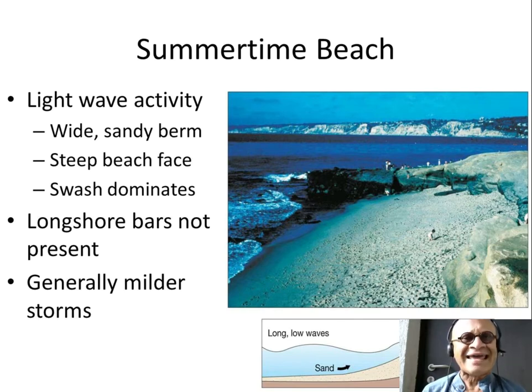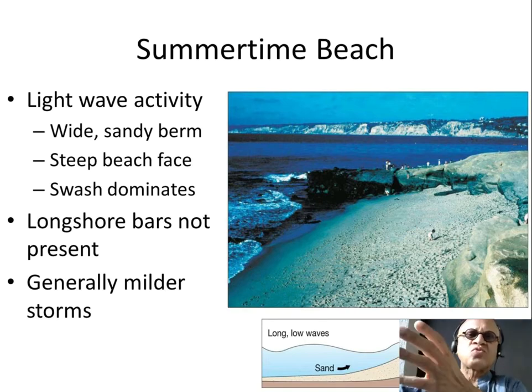Waves are light, they are long and nice, even swell like waves coming in, and low energy. So light wave activity creates wide sandy berms. The beach face tends to be nice and steep, and the swash dominates, which means the wave comes in nicely, deposits its water and everything, and the water soaks, and there is a slow backwash.